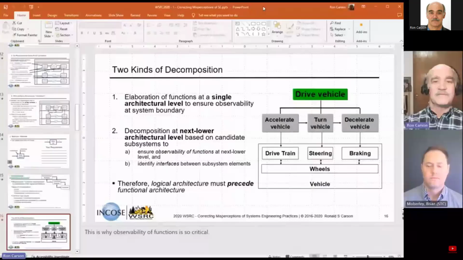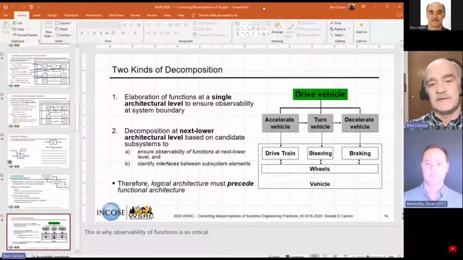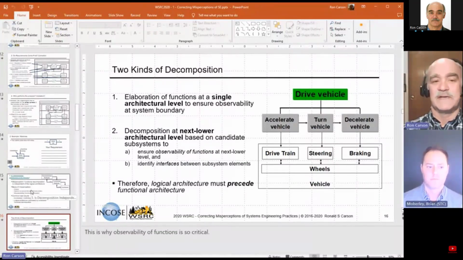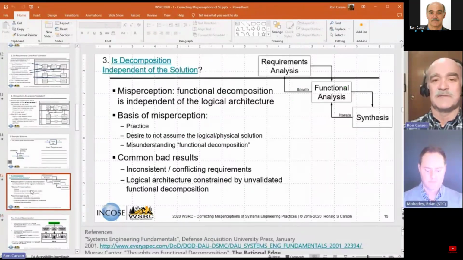Yeah, if you don't mind, I'm going to share the PowerPoint that I mentioned earlier. Absolutely. And so this actually started from a discussion I had with a colleague at Boeing in the early 2000s. We were talking about functional decomposition and the standard way it's done. We were using this MIL Standard 499 model at the time: requirements analysis, functional analysis, synthesis.